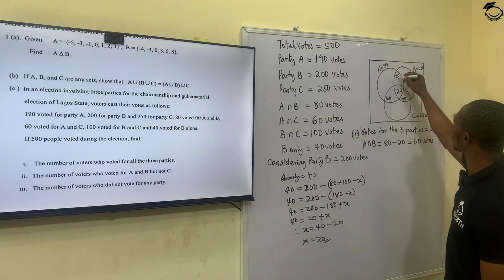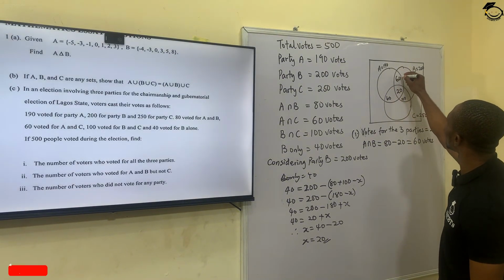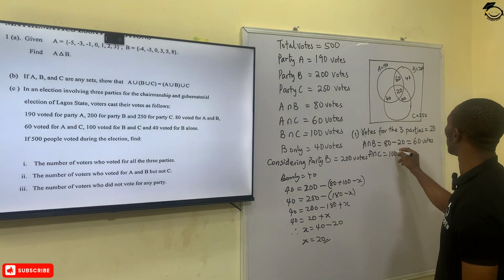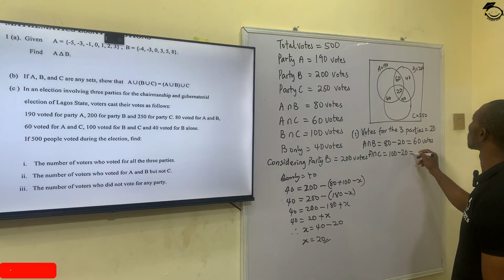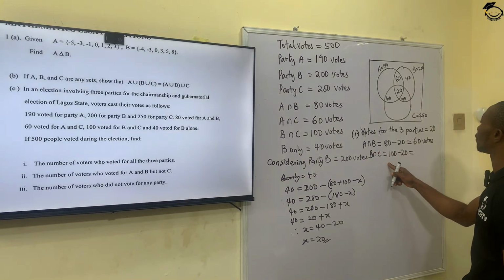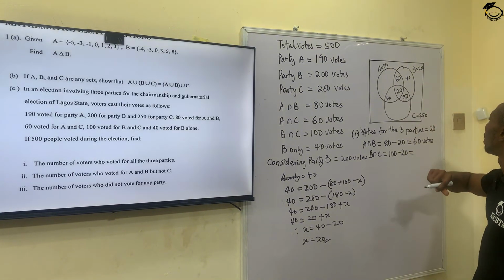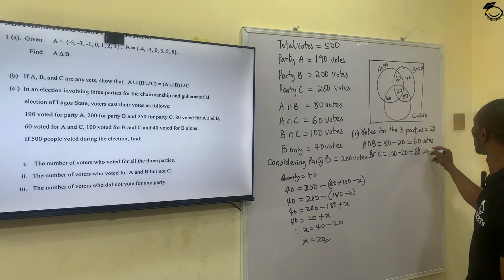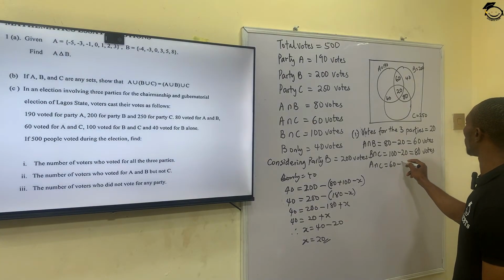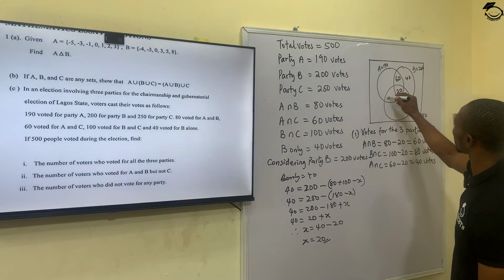B intersection C will be 100 minus 20, which will give us 80. And A intersection C would be 60 minus 20, which will give us 40 votes.